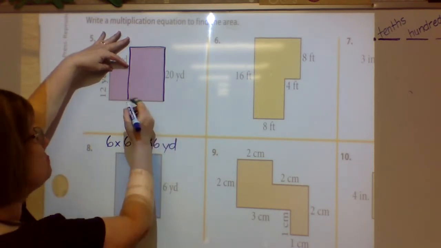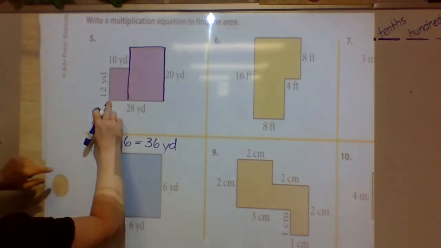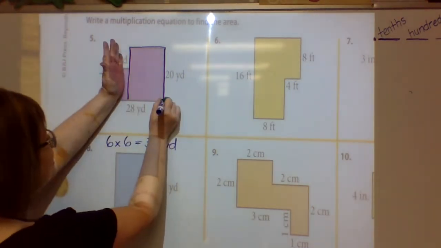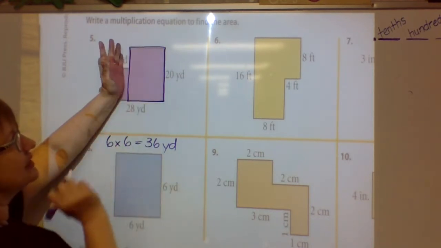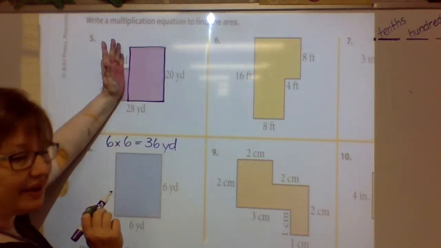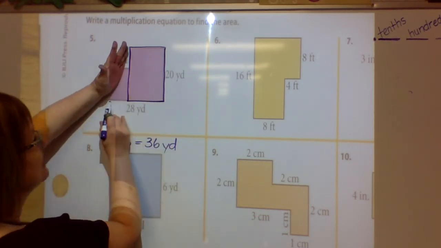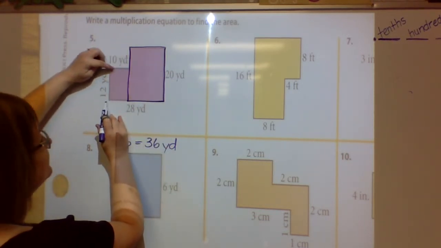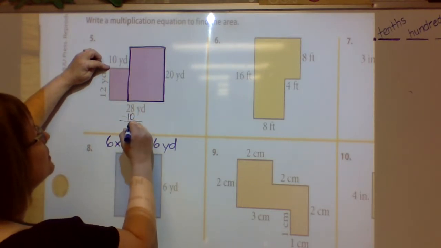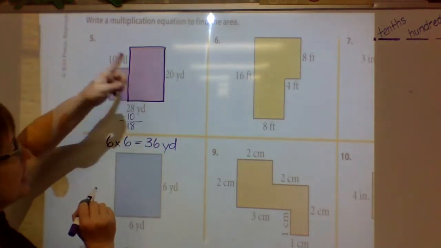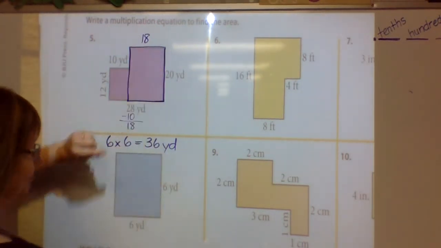Do you see? So get rid of this little part of this line, because this line goes all the way across. So this line is what we need to measure. And we don't know what it is because they didn't tell us up there. They're making us work. How dare they make us think? Okay, so they told us this one though, which is 28, and they told us this little one is 10. So 28 minus 10, haha, we were smarter, we figured it out. You didn't trick us. Okay, this one up here then is 18.